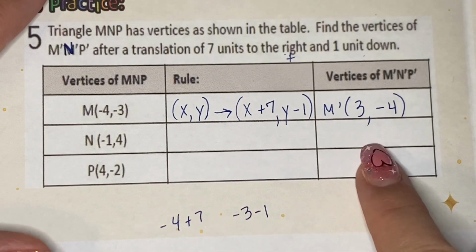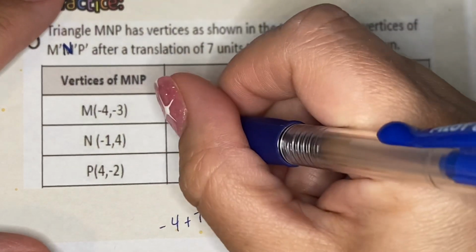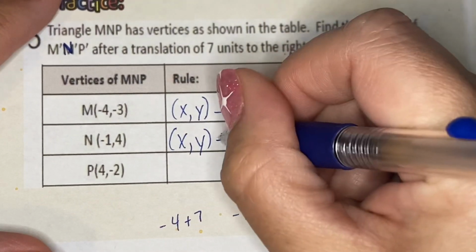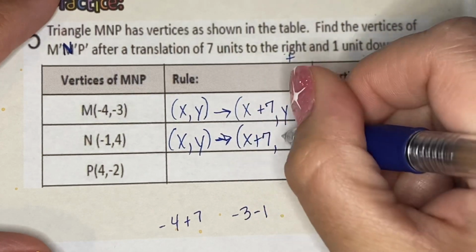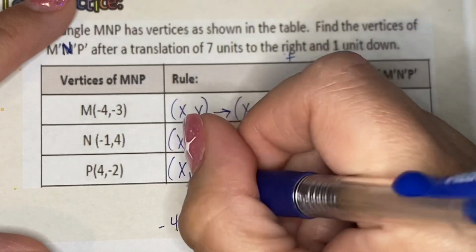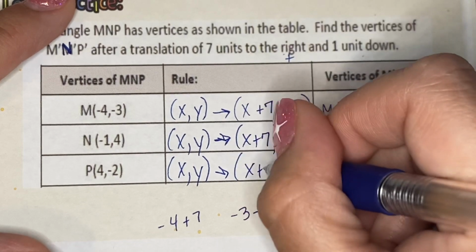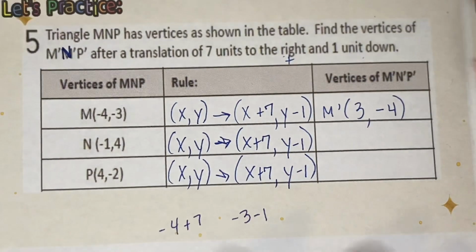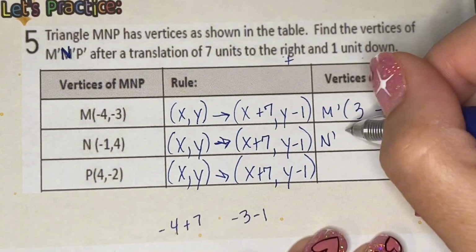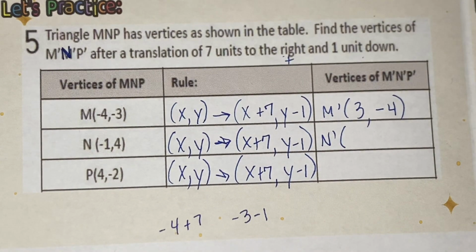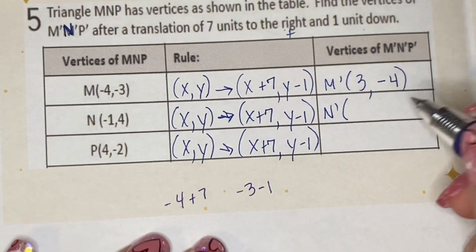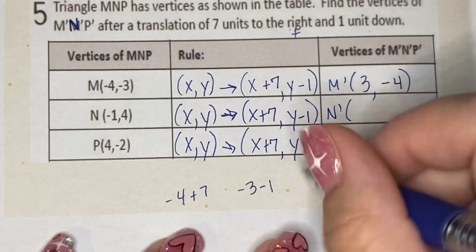Okay, so we're going to do the same rule for all of them. Go ahead and write the rule for each of them. We're going to add 7. Okay, so now find N prime. Go ahead and do that real quick. While you're doing it, I'm going to do it quietly.